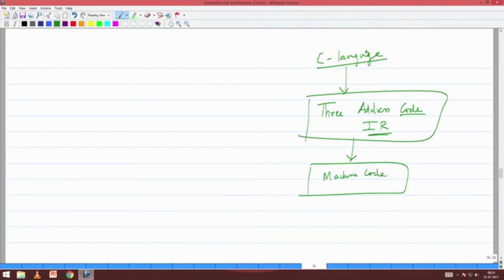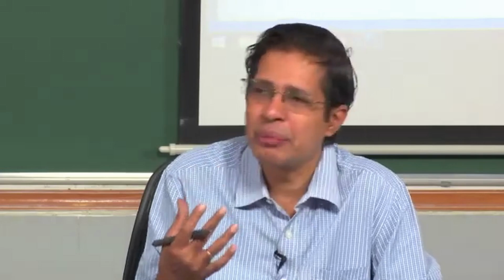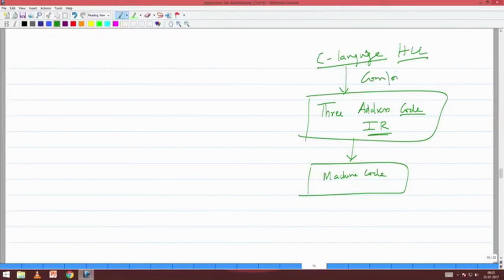In the Jack to Hack conversion, your Jack got converted into 1 address code, correct, because it was push and pop onto the stack: push into something, pop into something, push from something. So there was 1 address in many cases. But in general, for C or any high level language, the compiler will convert it into a 3 address code. That means an instruction with 3 operands, right.